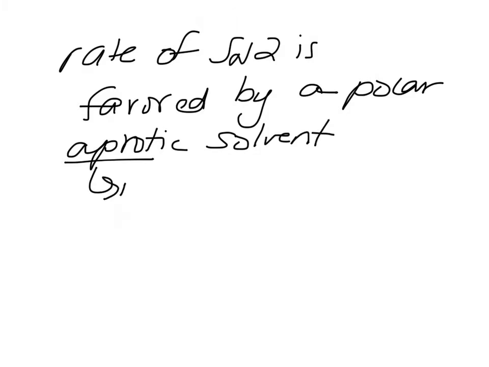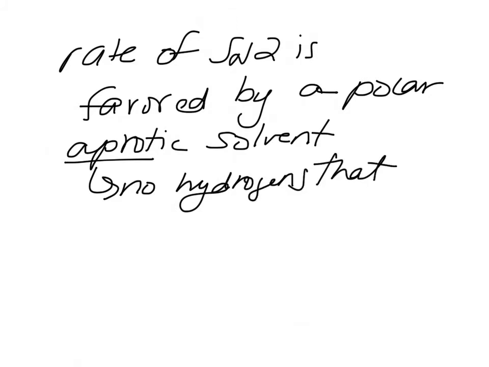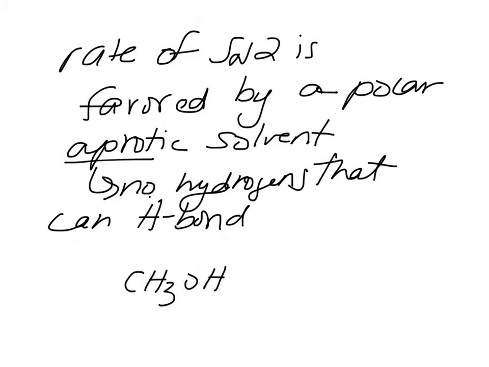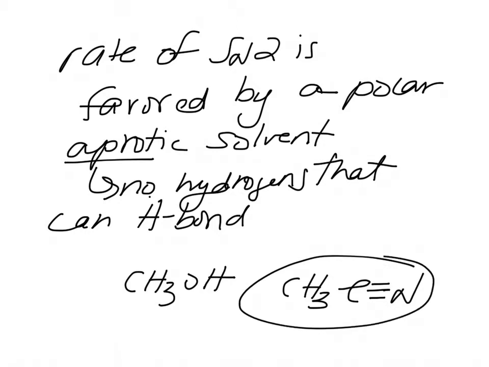There are no hydrogens that can H bond. So if you have an SN2 reaction, methanol versus acetonitrile, the rate of SN2 is faster in acetonitrile.